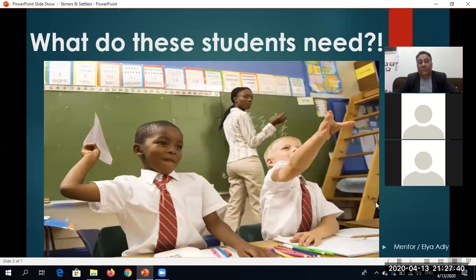So this picture on the screen, what do these students need? I can see here a boy who is playing with papers. He is hyperactive. Another one threw something in the air, and the teacher is quite annoyed about what's going on from these hyperactive students. So what does this teacher need?